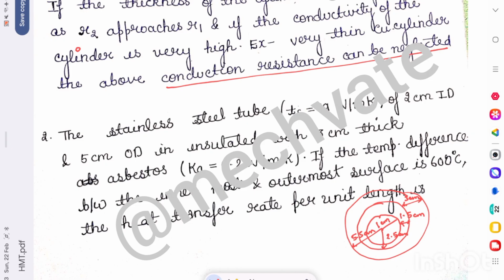If the temperature difference between the innermost and the outermost is T1, and I assume the outermost is T2, find the heat transfer per unit length. We read the formula earlier above.